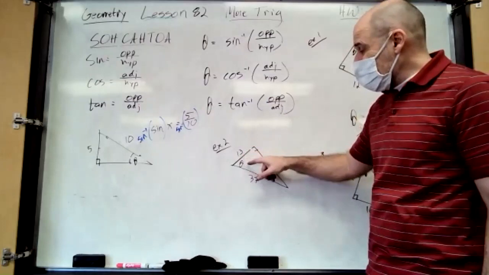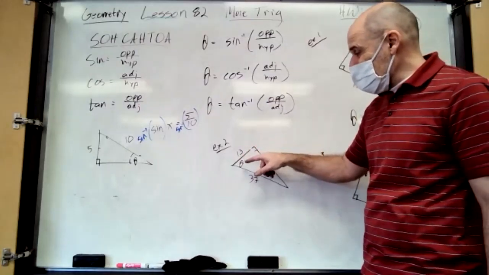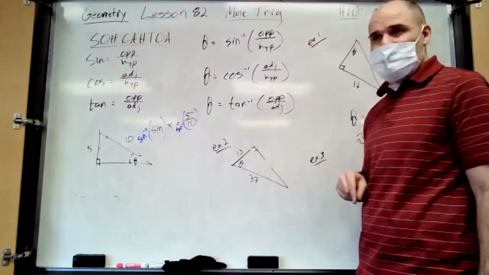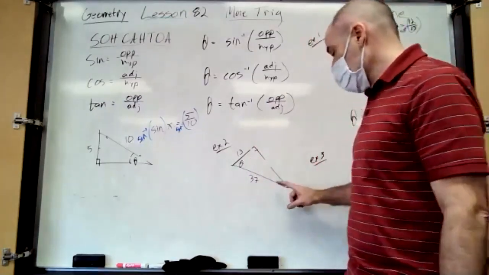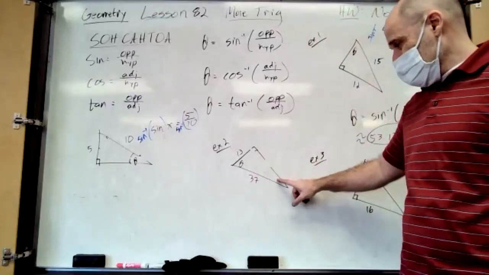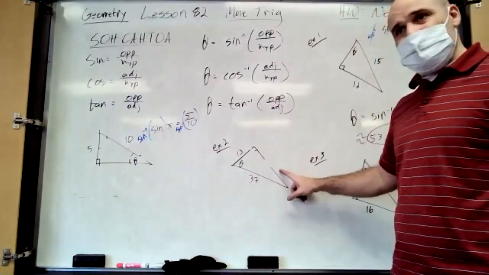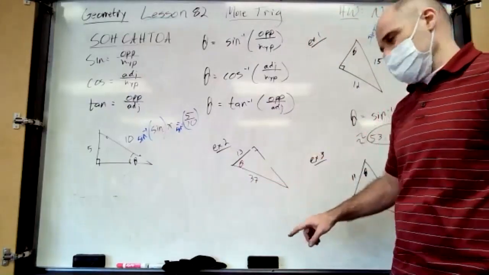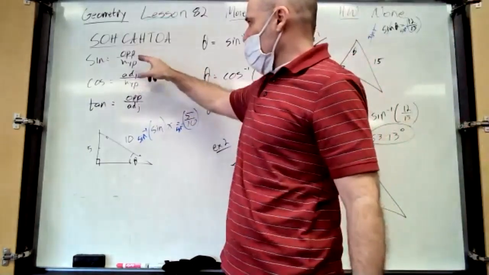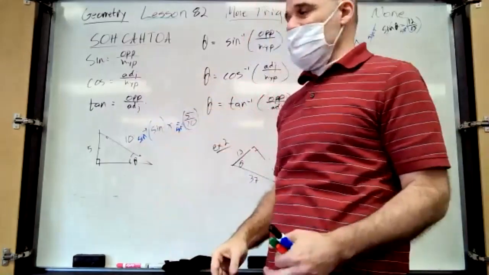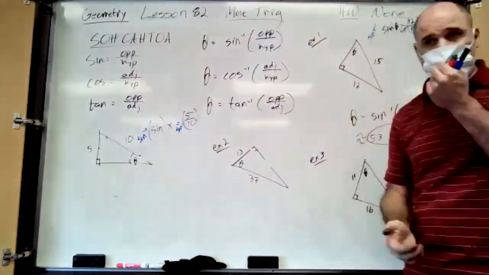The adjacent side is whatever side is part of that angle that's not the hypotenuse. So it's relative. If I pick this as theta, then this would be the adjacent side, and this would still be the hypotenuse. The hypotenuse never changes, but these guys flip around. The opposite and adjacent sides depend on what angle you're talking about, okay?